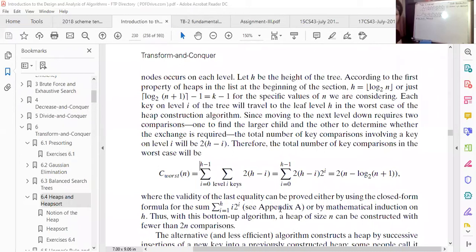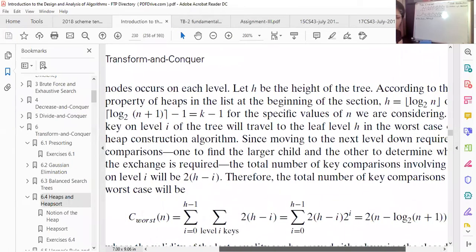As you can see, it says that if it is a complete tree, then in the worst case, let's say I have 2 here, 5 here, 4 here, 6 here, 3 here and 7 here.